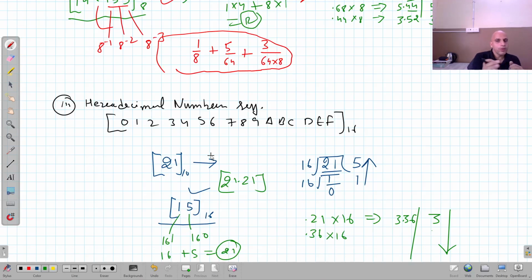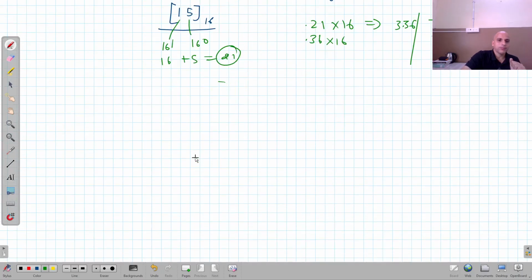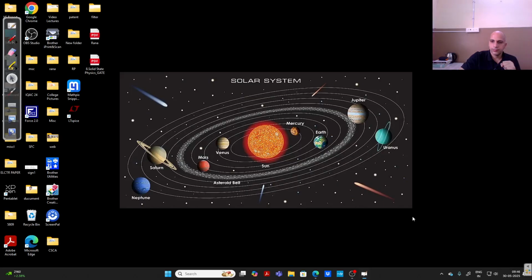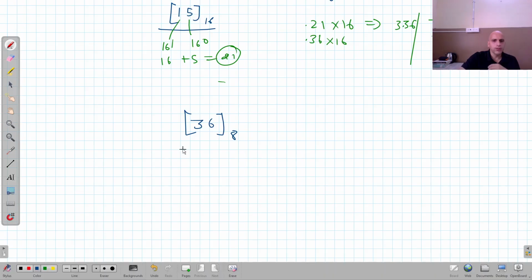But now you can be asked a question, right, that you are given a number, I mean an octal number, right? Suppose I have given an octal number, that is 36, in base 8. Now if I am asked to convert this given number into the corresponding binary number, or base 2, then there are two ways of doing it.